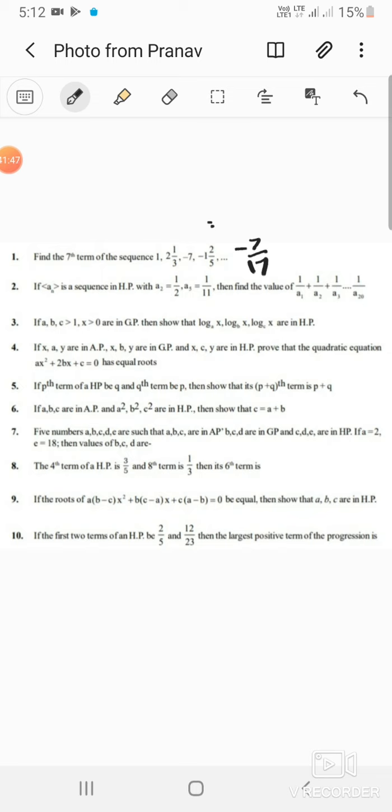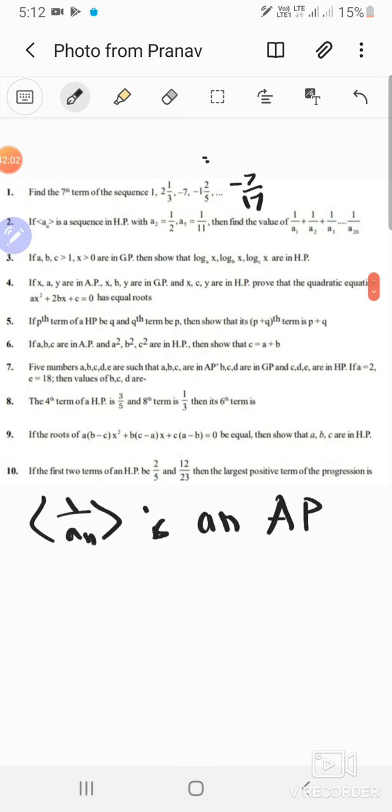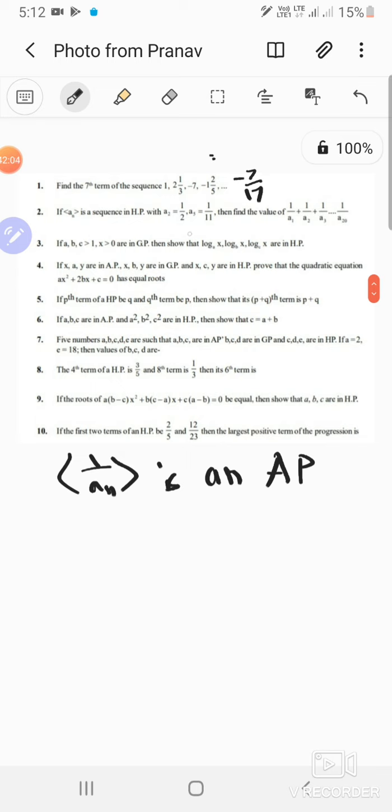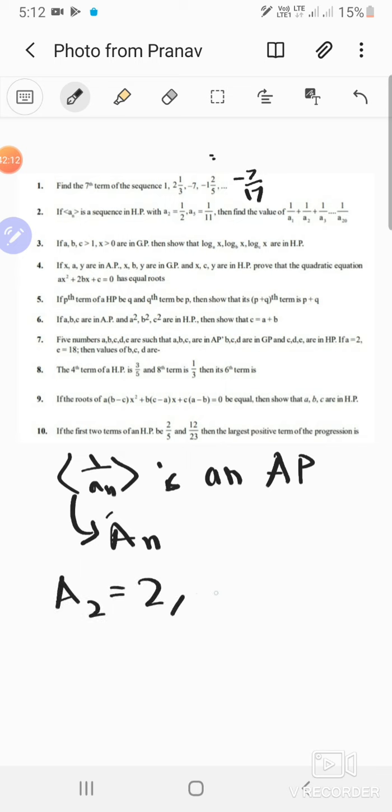Oh, this looks easy to me. So a_n is a harmonic progression. That means that 1 upon a_n is an arithmetic progression. Let's call this capital A_n. So capital A2 is 2, capital A5 is 11.